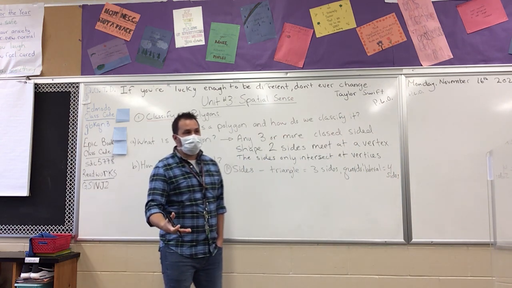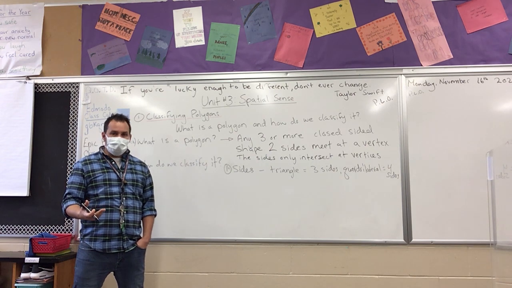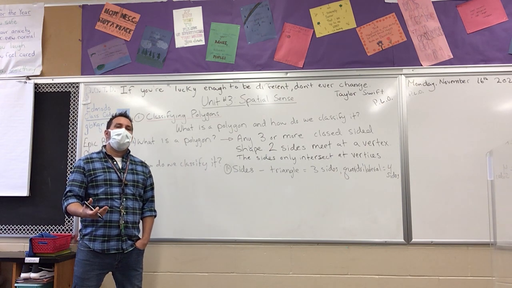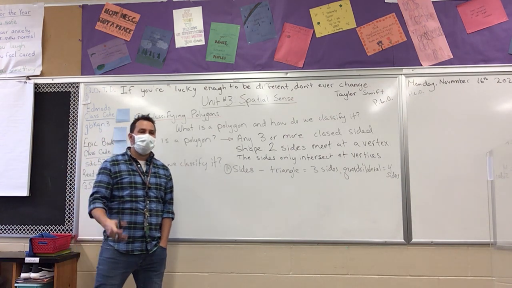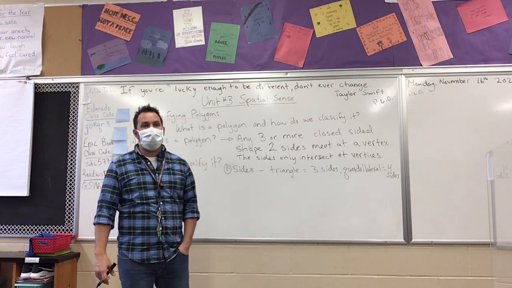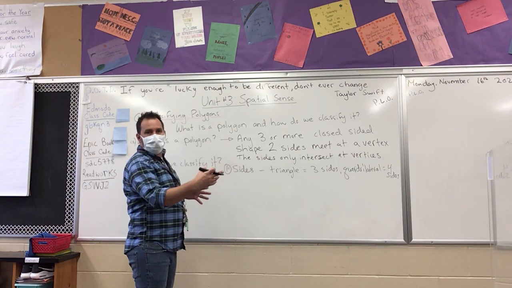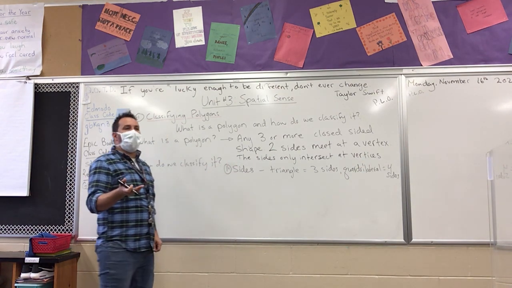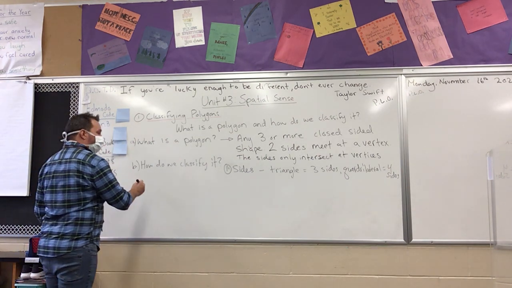Pentagon 5. What's after a pentagon? Hexagon. Decagon. Decagon is 10 sides. Yeah. Septagon, yeah, right? Octagon, right? So as we go up, we can classify by the sides that we have. That's one of them, okay?